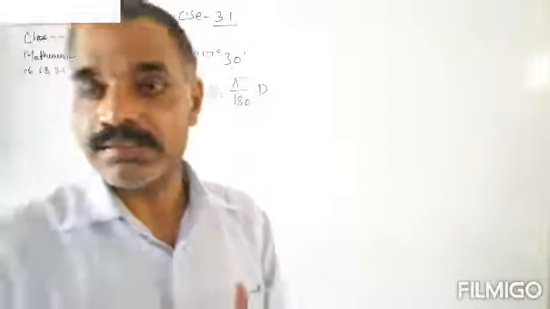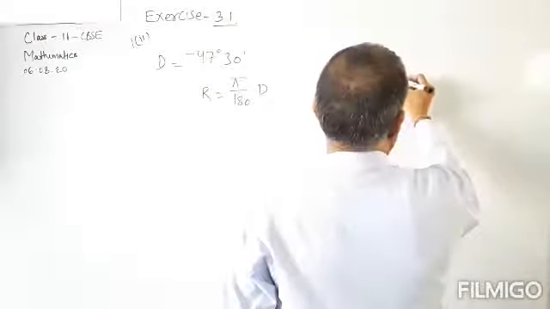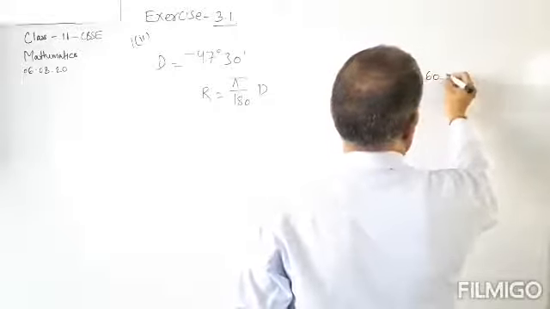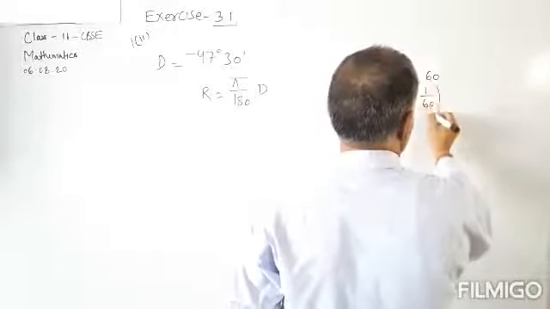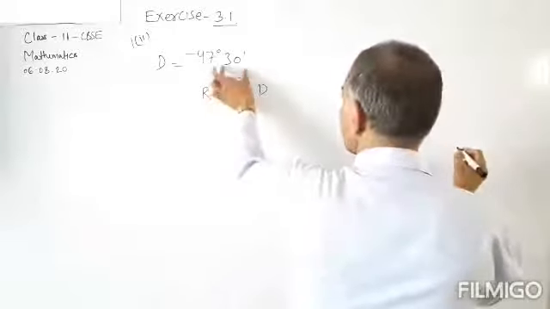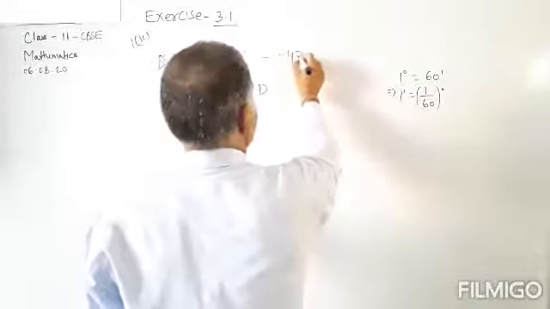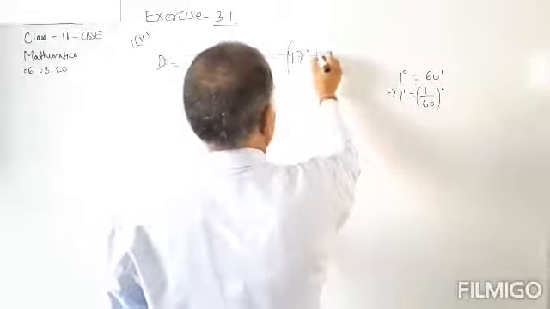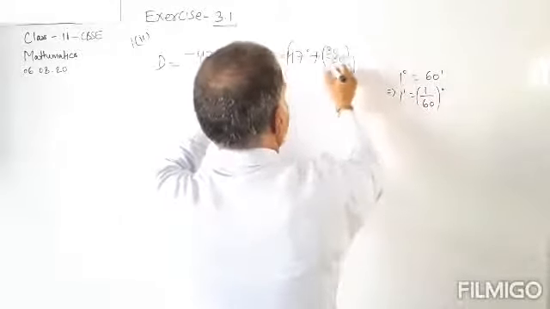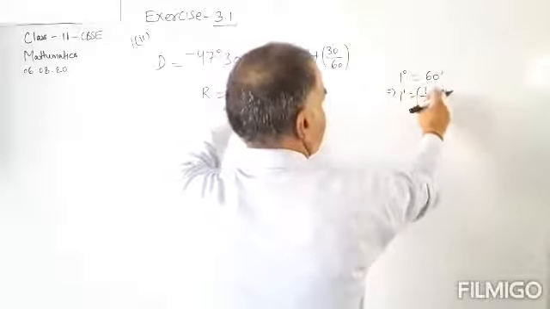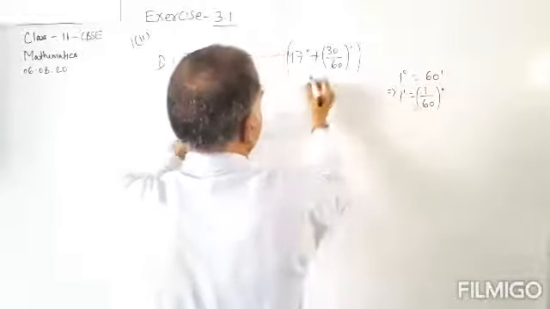What is the relation between minute and degree? I have told you that 1 degree is equal to 60 minutes, so 1 minute is equal to 1 by 60 degree. So this minute will be converted into degree like this: minus 47 degree plus 30 minute, that is 30 by 60 degree.